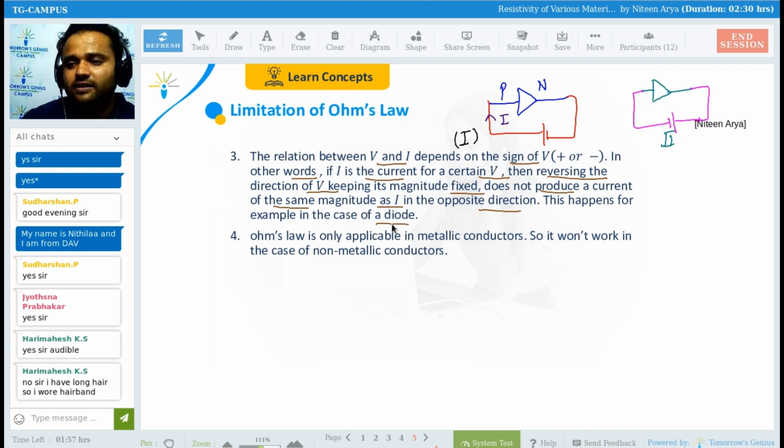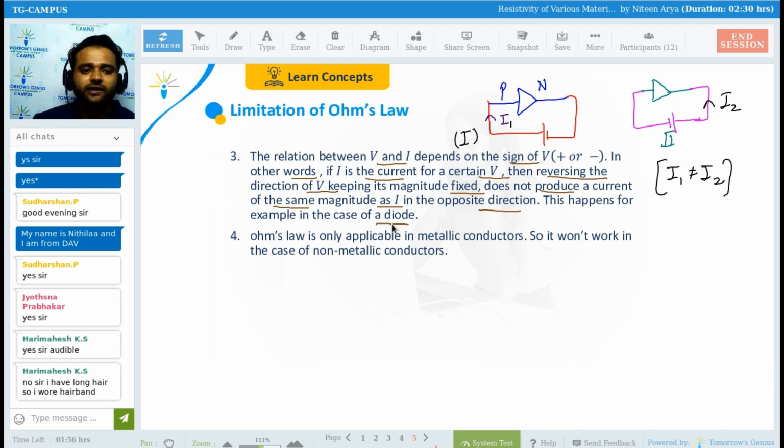In this case, beta, the current is not going to be the same. Why so? Because diodes and transistors are unidirectional. So the direction of voltage is going to matter here. More importantly, I2 in the second case and I1 in the first case are not equal. That is written.